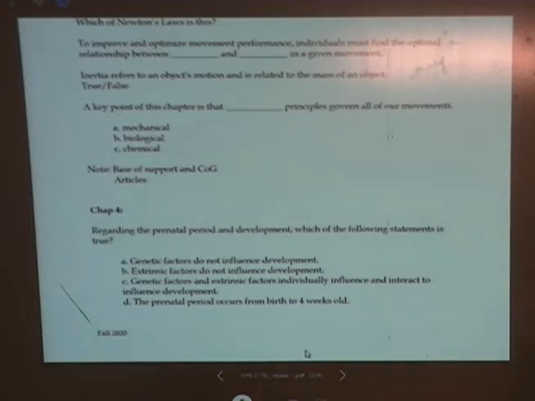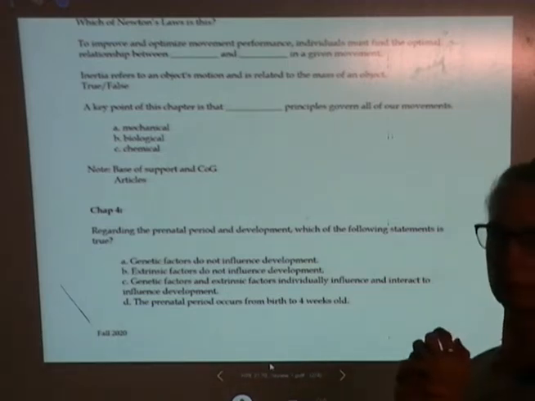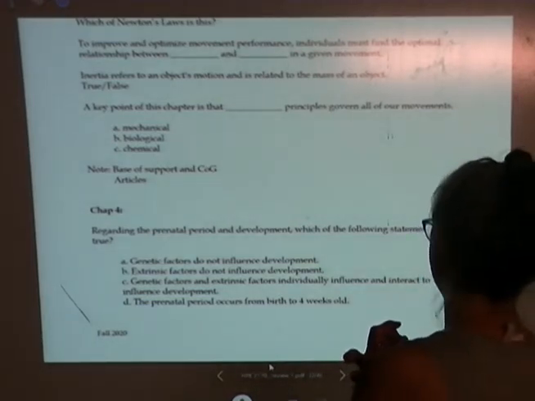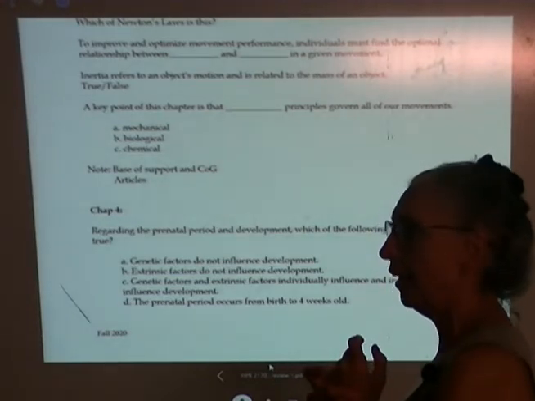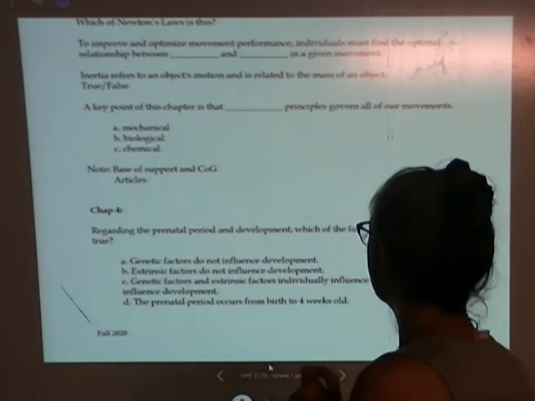B, extrinsic factors do not influence development. C, genetic factors and extrinsic factors individually influence and interact to influence development. D, the prenatal period occurs from birth to 4 weeks. I'm gonna go with C. C, good, yes, absolutely.